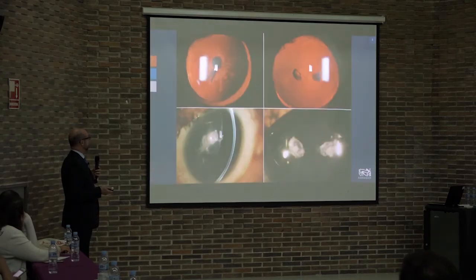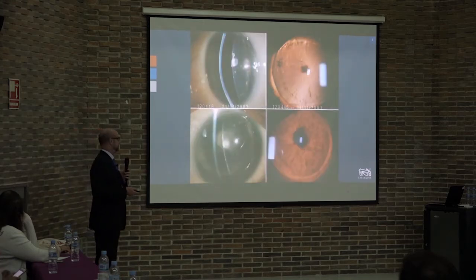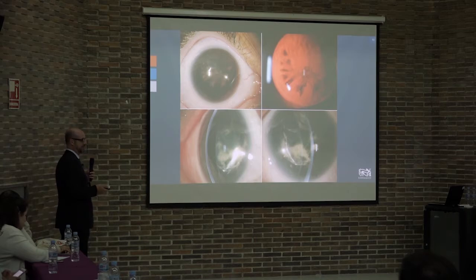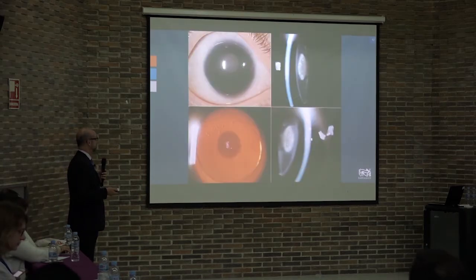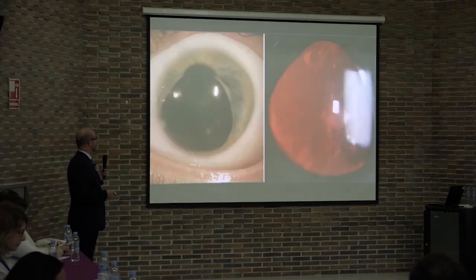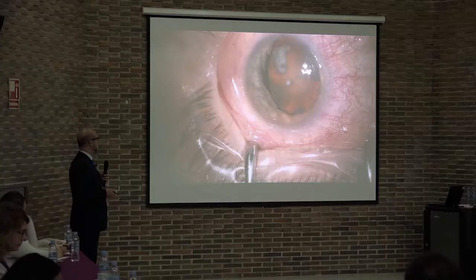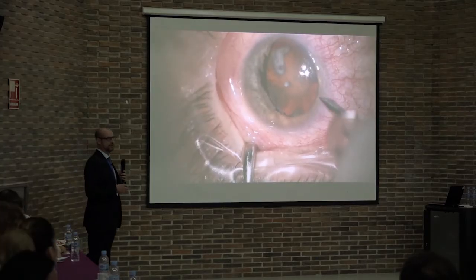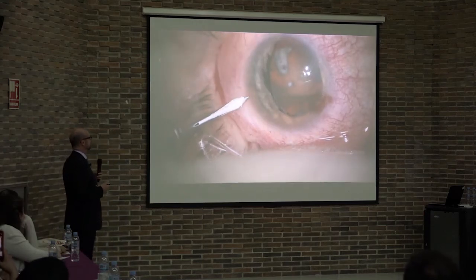Then the decision is when to do the surgery and how to do the surgery. This is very important for these patients, who not only have cataracts, they also have other problems like hypoplasia. For example, in this case with a partial aniridia, we are very lucky because we can repair the iris. I will show this technique in which we are going to do a cataract surgery.